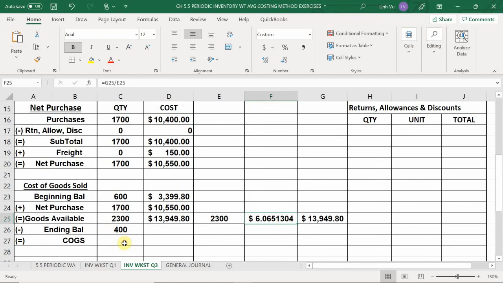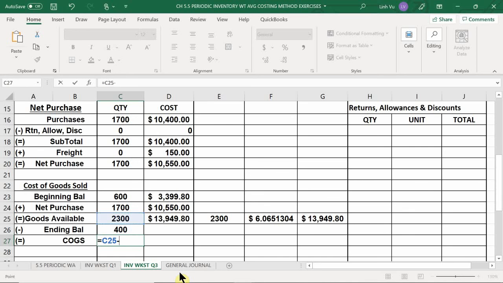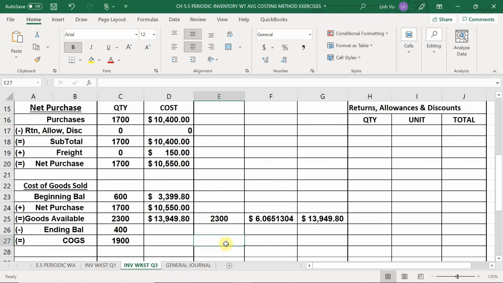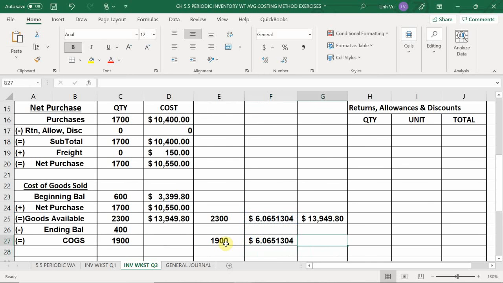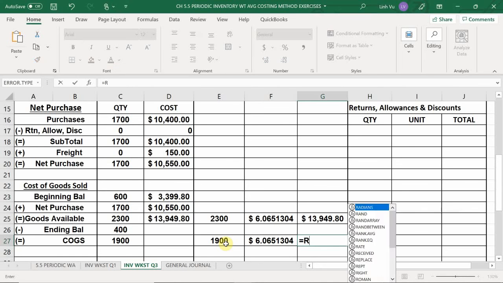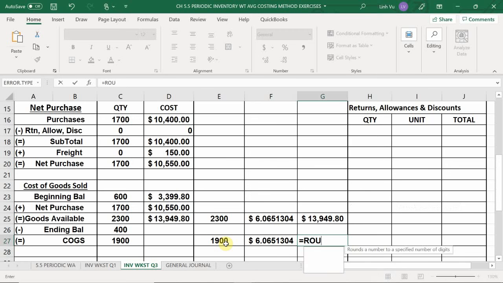Okay. So if I have 400 items left in my inventory, my assumption is I must have sold 1,900 units. So straightforward this one is, right? We take our 1,900, we're going to multiply it by our 6.06513, which is our average cost per item. And once again, I'm going to use the equal round formula just so then I have my numbers rounded, okay?